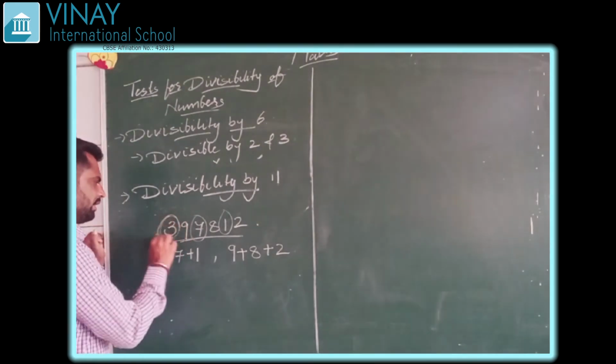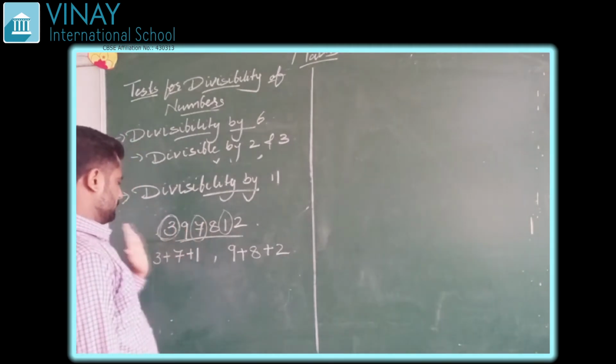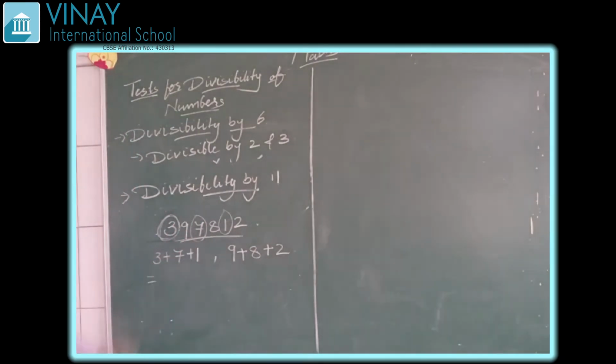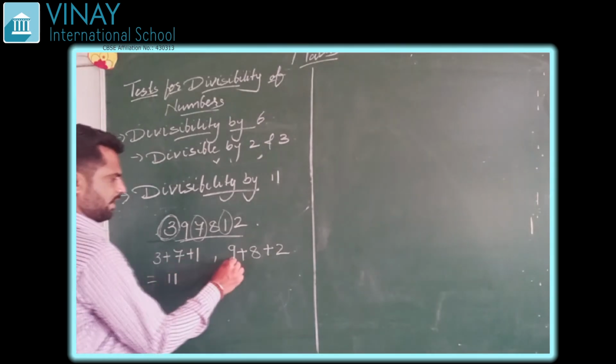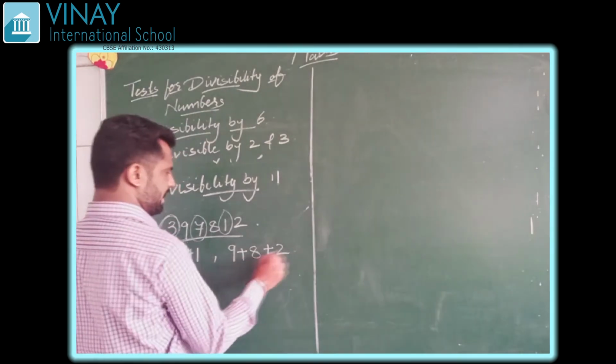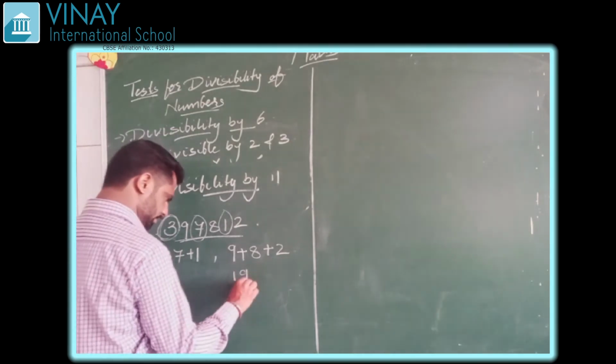We take alternate digits, and then we add them. 3 plus 7 is 10, plus 1 is 11. 9 plus 8 is 17, plus 2 is equal to 19.